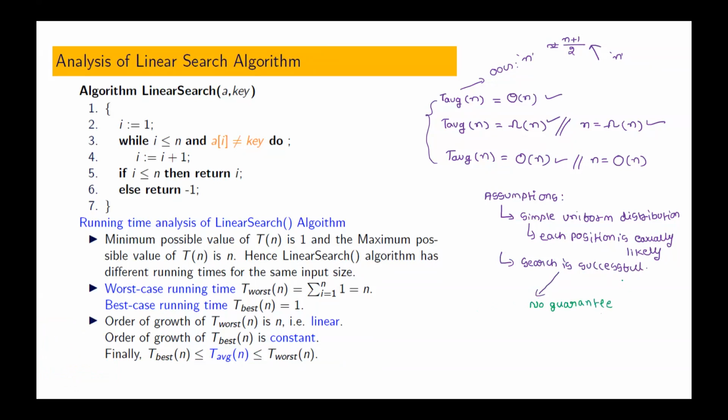Hence, if the search is always successful, what is the success probability? What is the probability that the key is present in the given list?